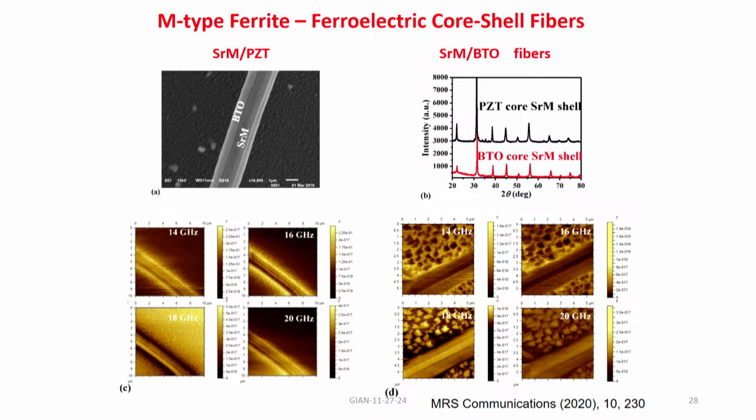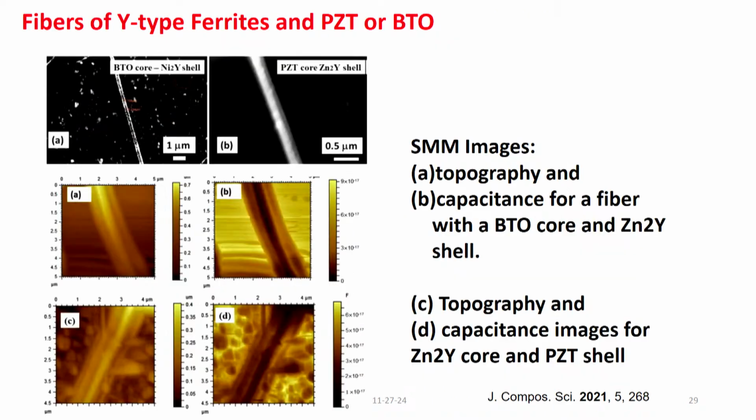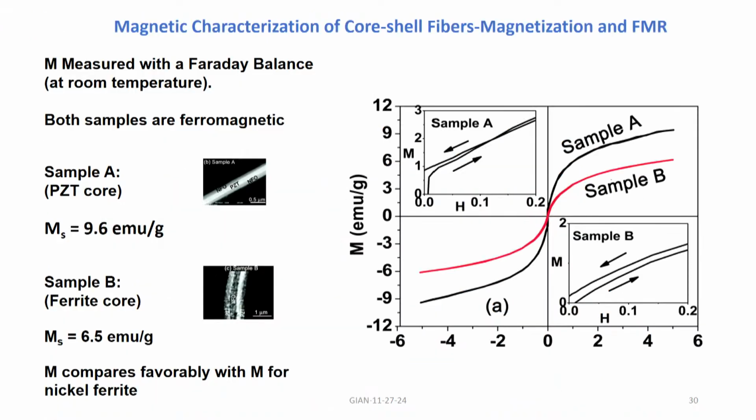And you see in all these images, the core and the shell are very well resolved. These are similar images for Y-type ferrites and either PZT or barium titanate. And we did the traditional magnetic and ferroelectric characterization.